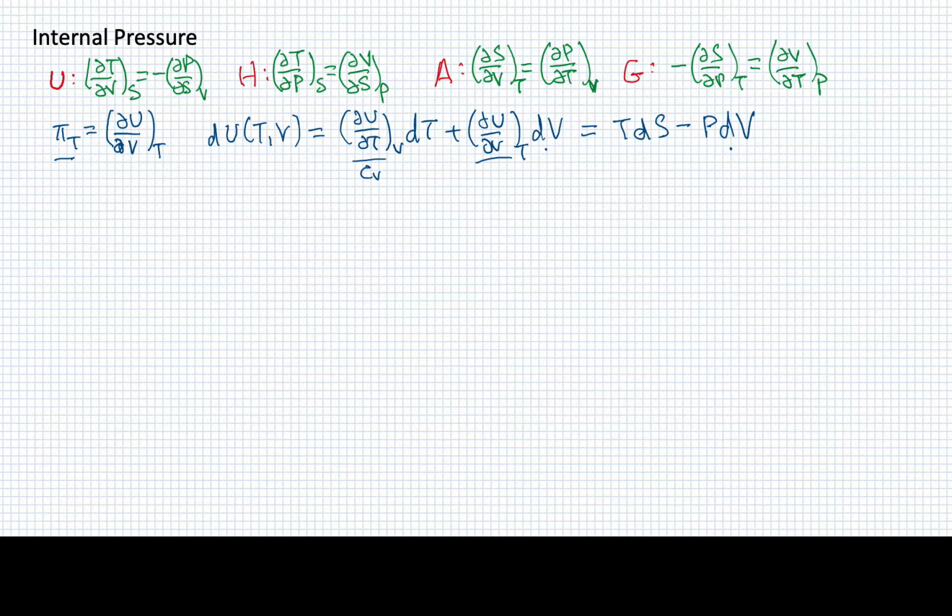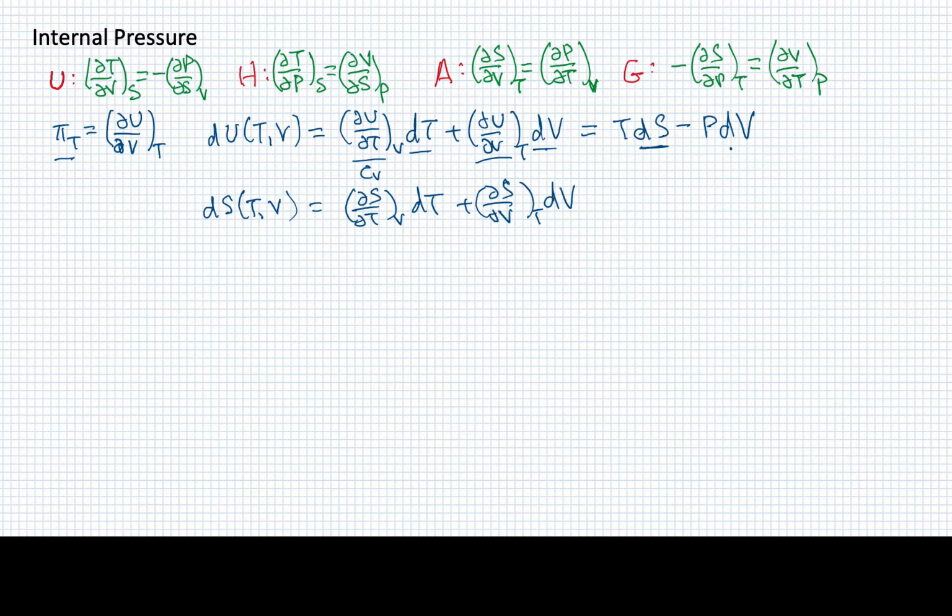Instead, we need to find a way to express this dS in terms of the two variables used here. In other words, I'm going to write out a total differential for S as though it's a function of temperature and volume. It'll look very similar: dS/dT at constant V dT plus dS/dV at constant temperature dV.